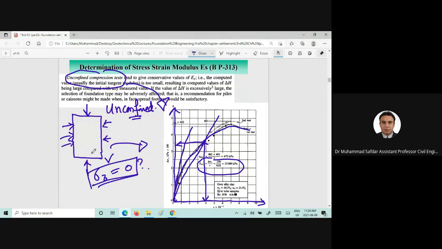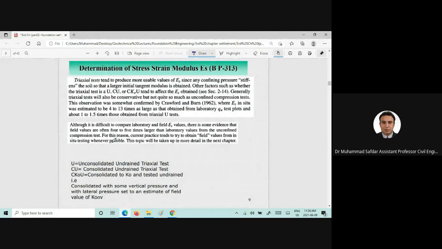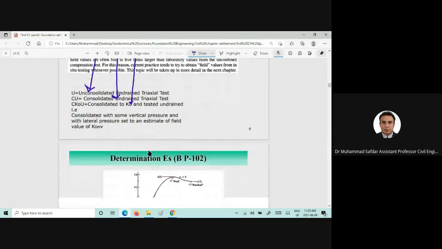So there is no confinement in unconfined compression test, and we cannot control the drainage there as well. Therefore, we perform unconsolidated undrained test, or consolidated drained test, or consolidated undrained, or we can call that as consolidated undrained test as well, to simulate different field conditions.